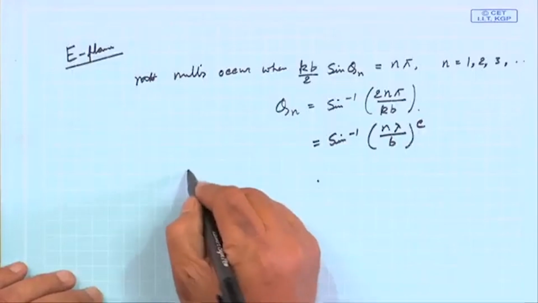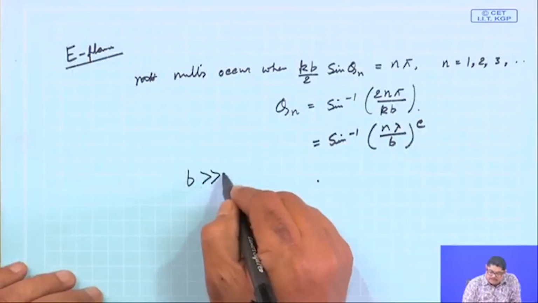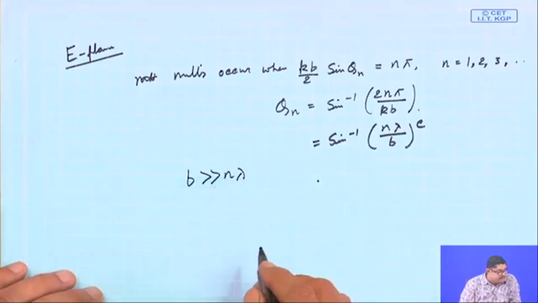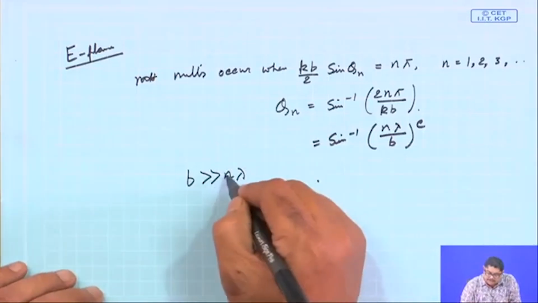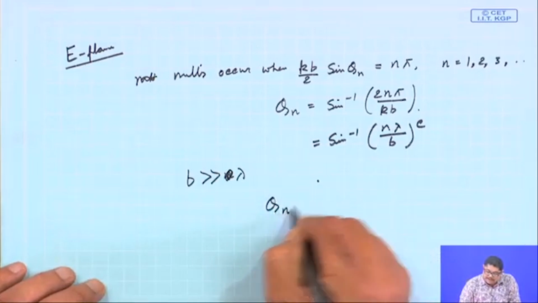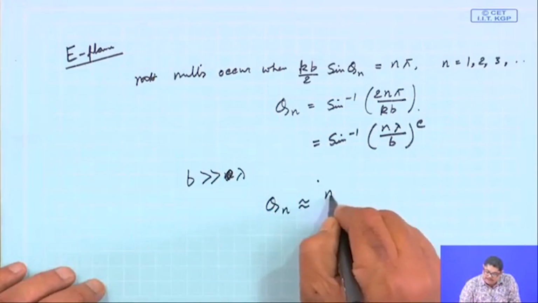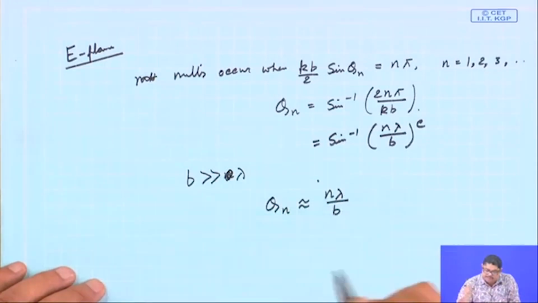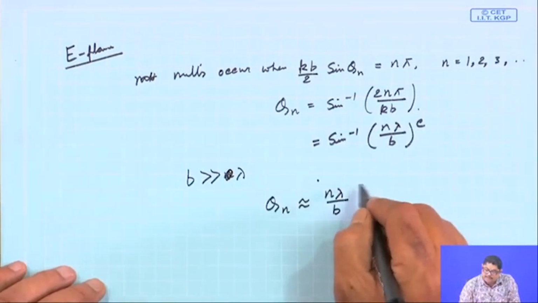For any practical antenna, the dimensions should be several lambdas long, otherwise you do not get the interference pattern. So, we can assume b is much larger than lambda, and theta n is approximately n lambda by b in radian.